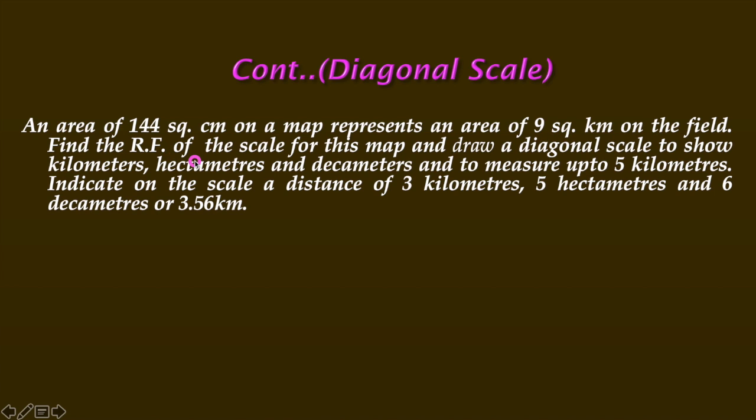Find the RF, the representative fraction, of the scale for this map and draw a diagonal scale to show kilometer, hectometer, decameter and measure up to 5 kilometers. Indicate on the scale a distance of 3 kilometers, 5 hectometers and 6 decameters, or 3.56 kilometers. We have to show this.